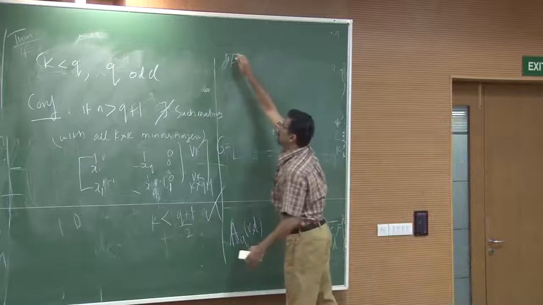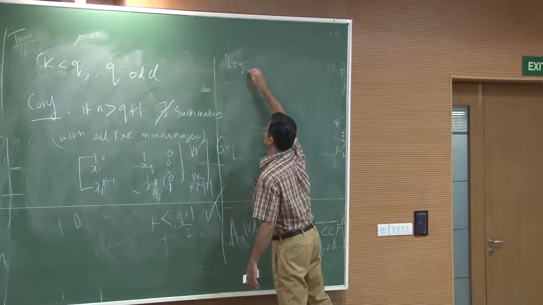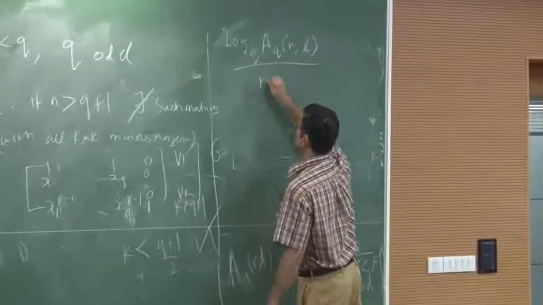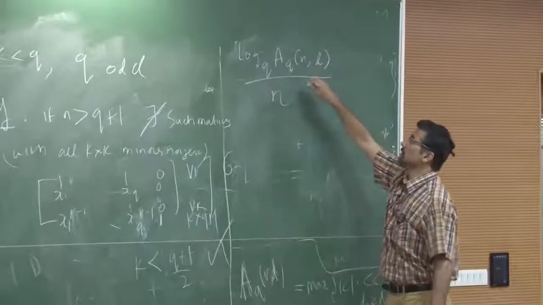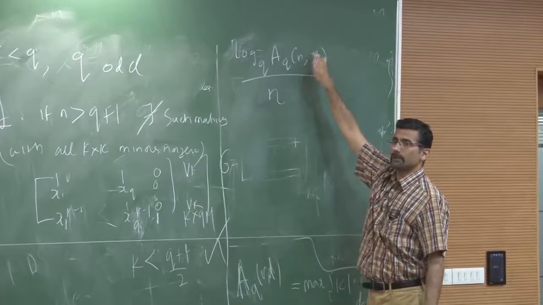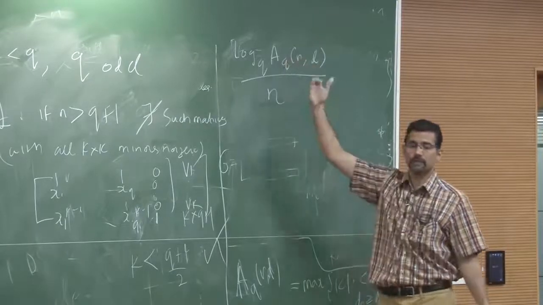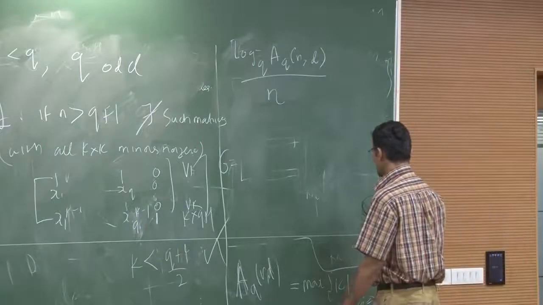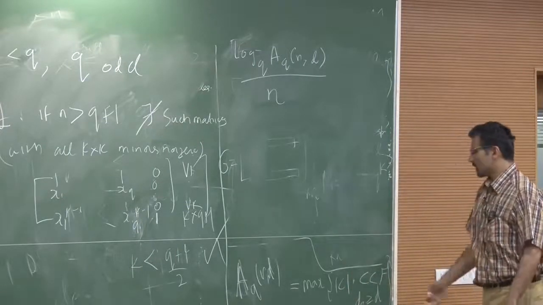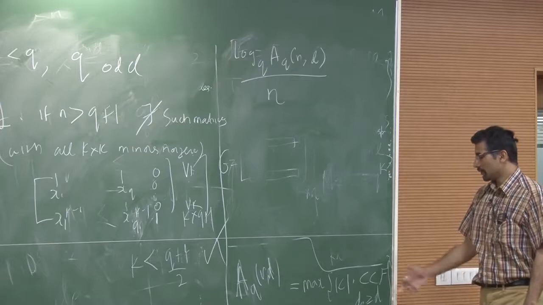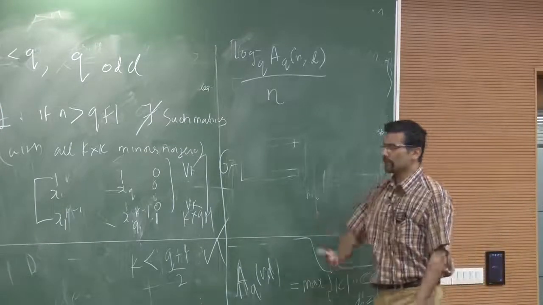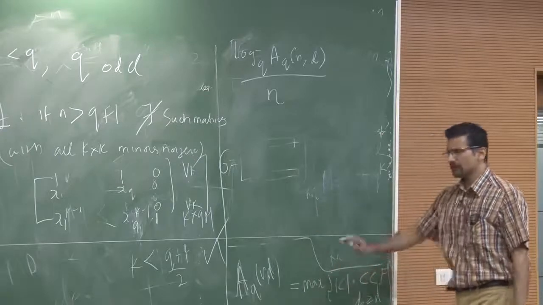So let me put it down: log_q of A_q(n,d) over n. You want to maximize this. If you replace this with m, this is the largest possible efficiency. It's a number between 0 and 1, which you can achieve for a code inside F to the n of minimum distance at least d. It's very hard to get these numbers.